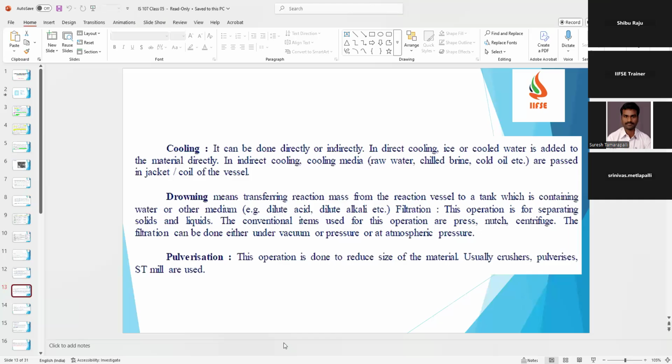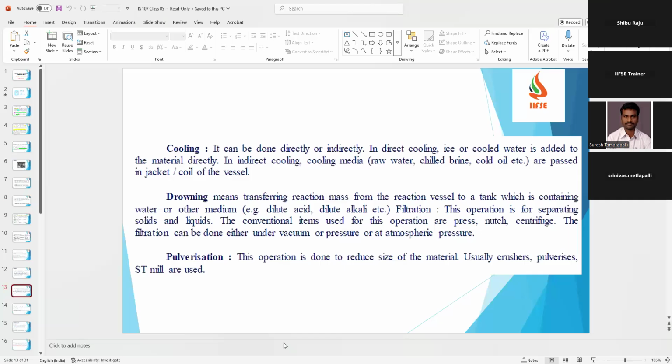The nutsche filter dryer is used to press as well as rotate, so that we can take out the liquids from the slurry. The filtration can be done under vacuum, under pressure, or at atmospheric pressure also. Both ways we can do it, above atmospheric pressure or at atmospheric pressure.